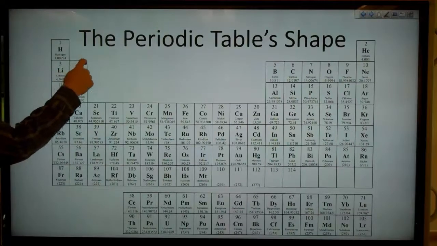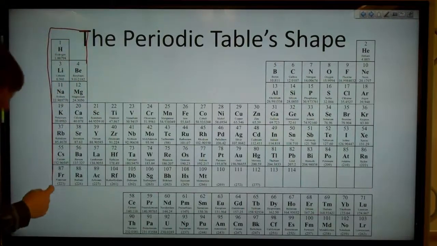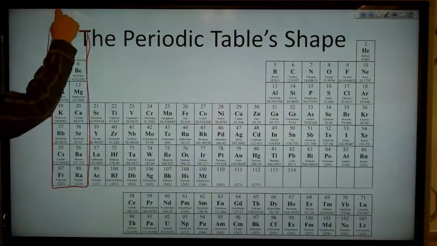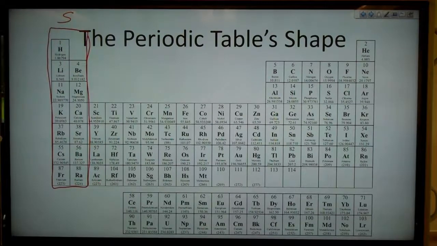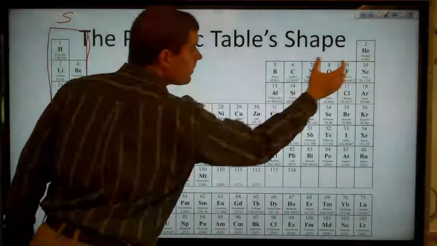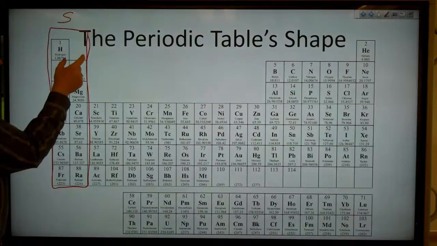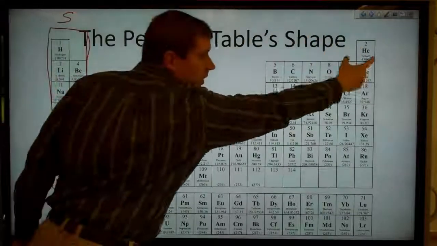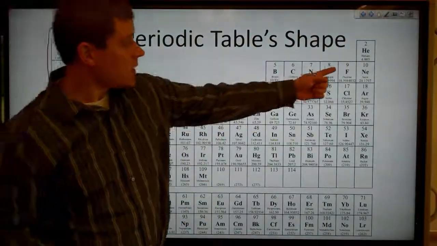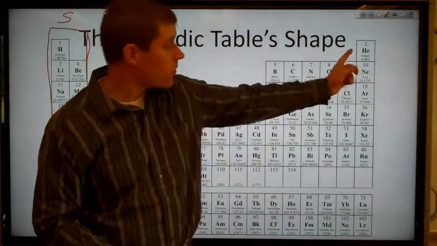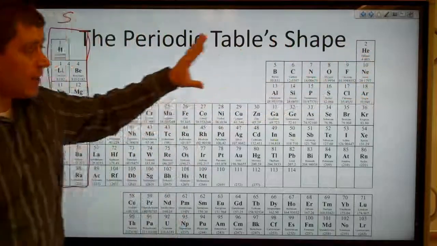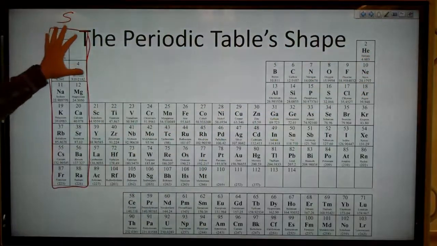So these two columns, this is the s block. And again, remember that helium kind of belongs over here because we're filling in the 1s, but it belongs over here chemically because it's a noble gas. And so we've put it over there, but really it's kind of part of the s block.